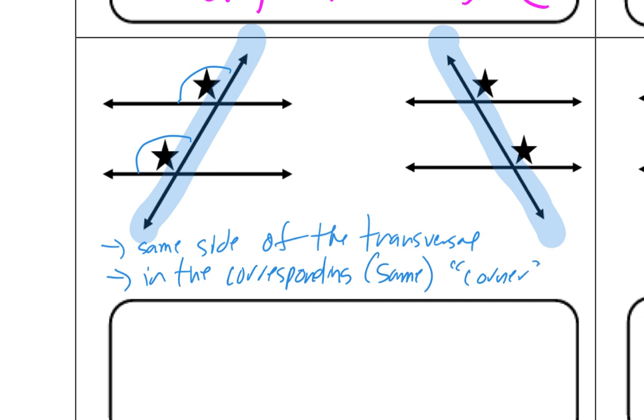Okay, so if we look at it like this, right? This corner looks the same as that corner, right? It'd be like that corner of a box, right? So it's the corresponding corner and it's on the same side. So we're going to call those corresponding angles.